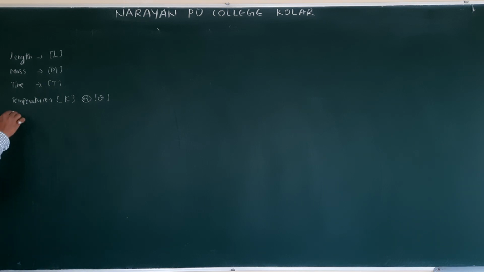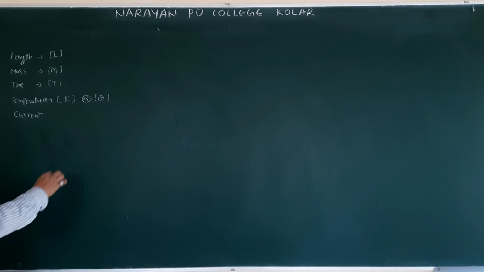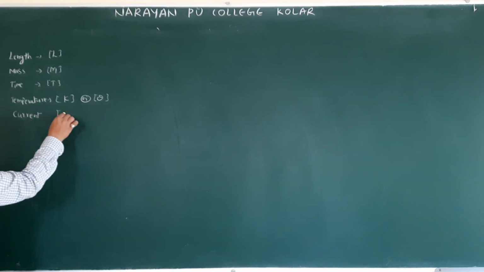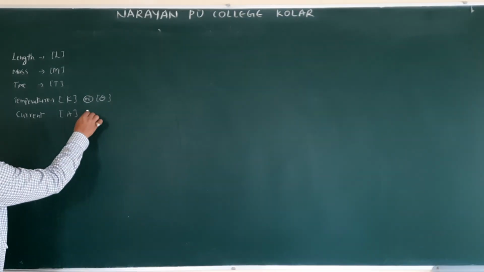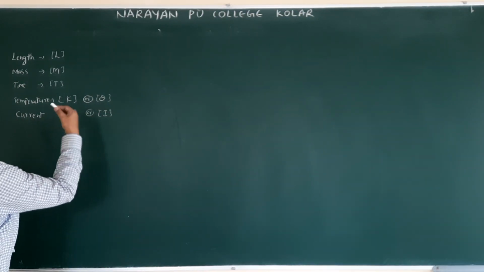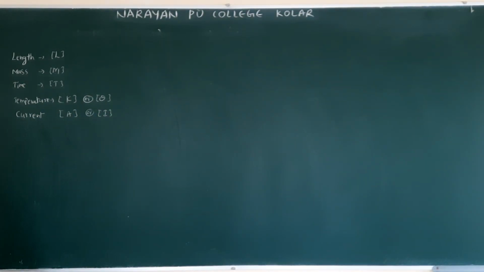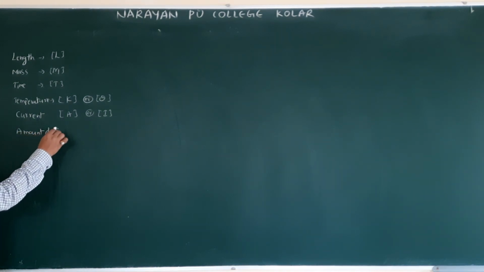Next, current. Electric current is denoted with A. In some books, they denote it with I, but generally with A. So many are 1, 2, 3, 4, 5. Next, the remaining one, amount of substance, which very rarely comes.